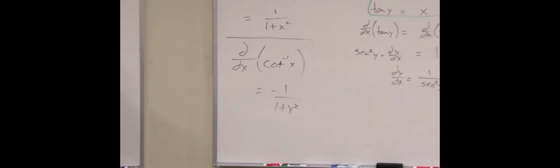Next, I want to discuss, without taking a lot of time to derive it, it's not hard, you can do it yourself, but I want to spend the time discussing why there's an absolute value symbol in the derivative of inverse secant.